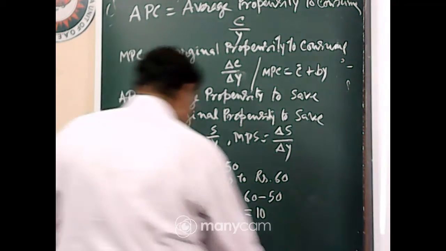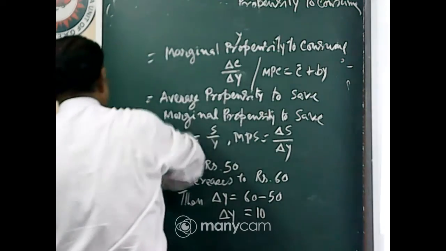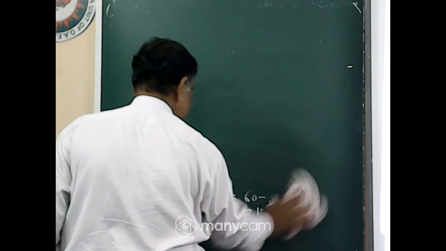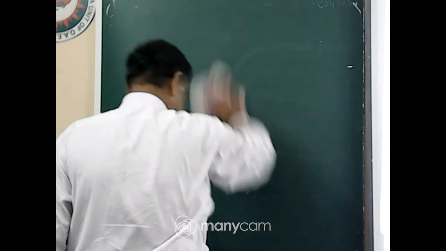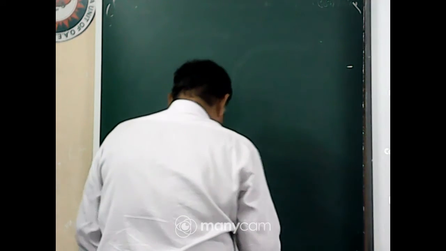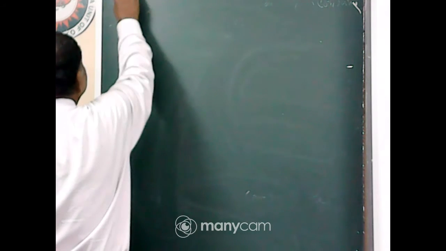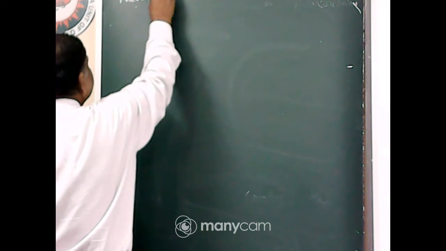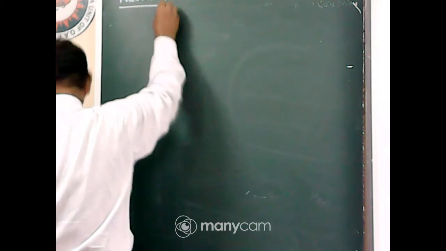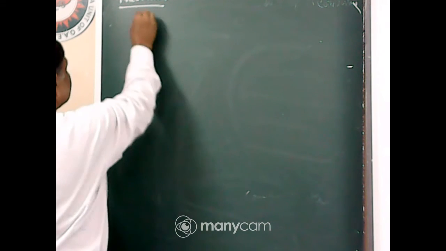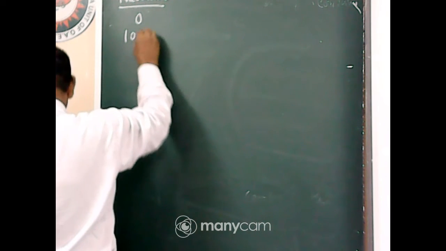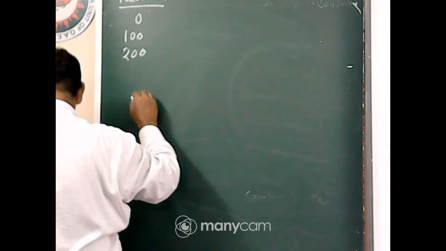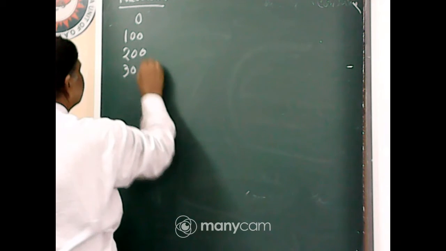Right? Now I am giving a tabular form example. Suppose income, means Y, is 0, 100, 200, 300, 400.